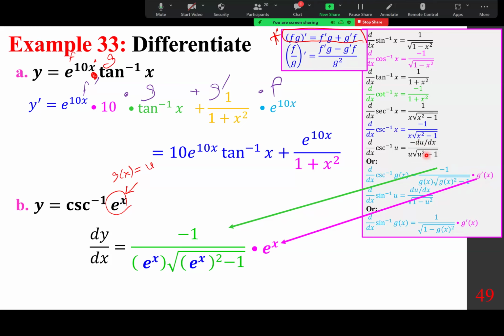It's the same thing as that. And you just notice these two cancel each other. Okay, and we have -1 over, this is e to the power of 2x minus 1 under the radical. So the final answer is -1 over the square root of e to the power of 2x minus 1.